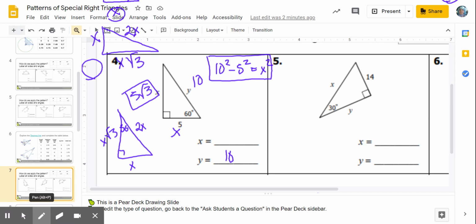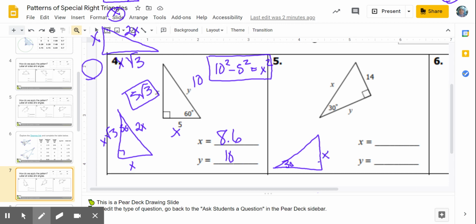So when you get your answer, let me know what you got. I got 8.62. What would I do for number 5? What do I know and what can I figure out from that? So again, I've got my 30-degree angle.